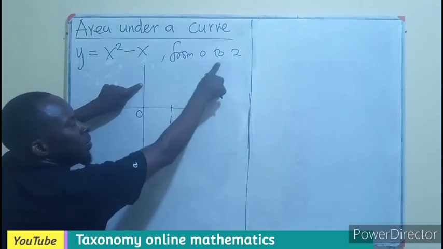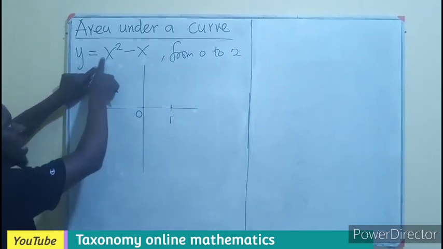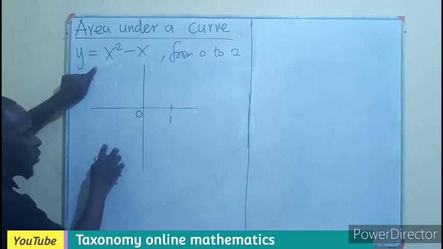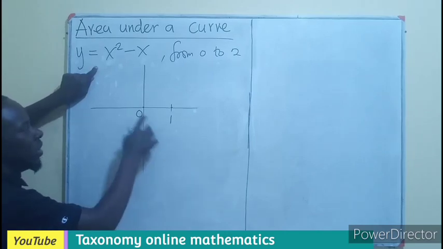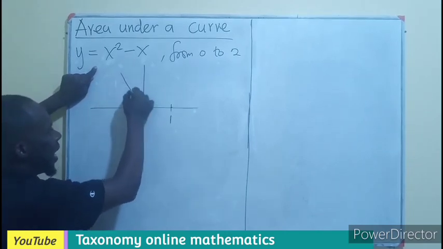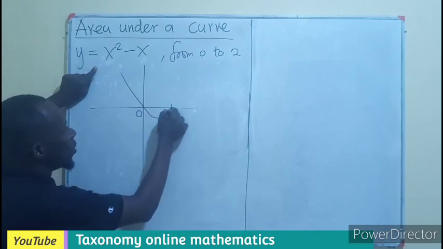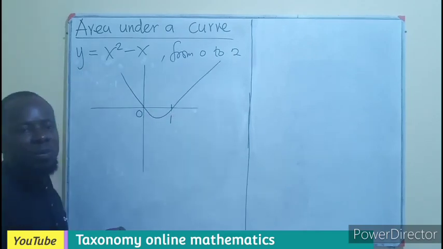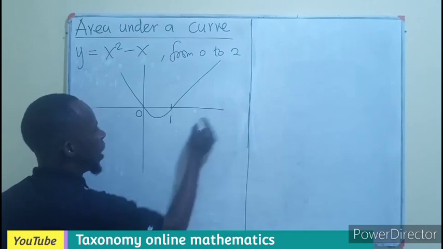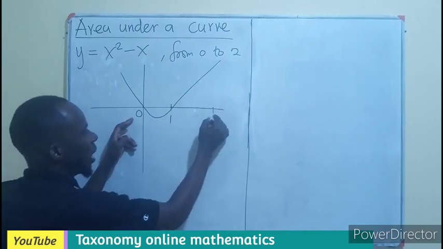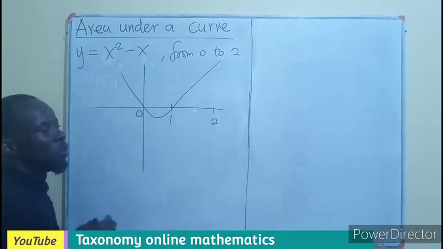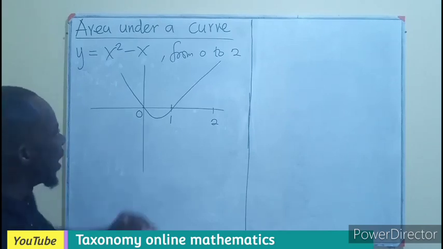It will climb up. And the moment this is having a positive coefficient, our parabola is going to hold water. So it means it will cut the x-axis here, bend down and go up. But we are looking for the point between 0 and 2, so I can put my 2 here. So we are having 3 areas here to find.